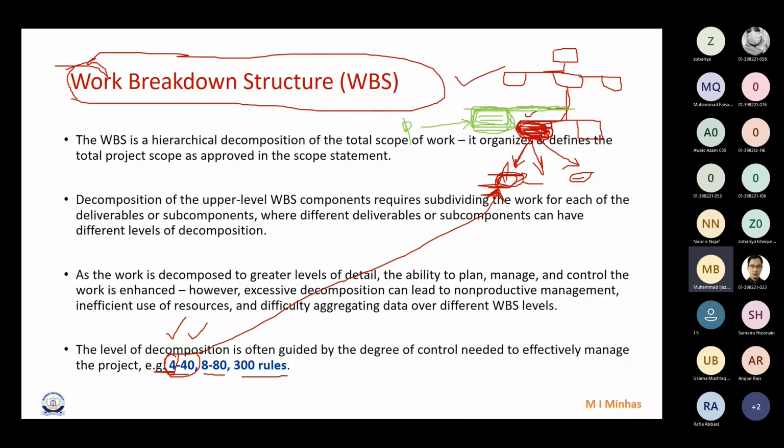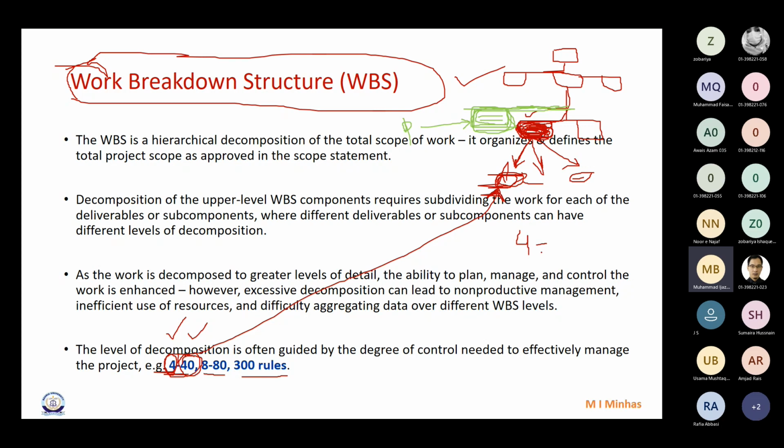It should be greater than 4 hours, but not so big that you require more than 40 hours. That means you should be able to complete this work package within 4 to 40 hours.